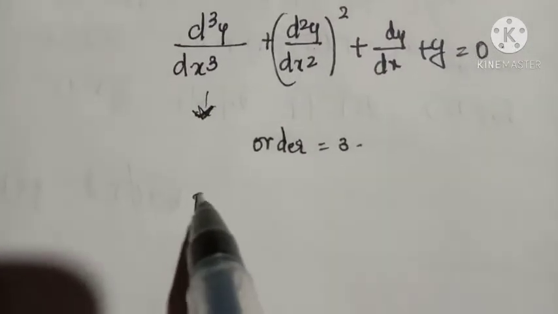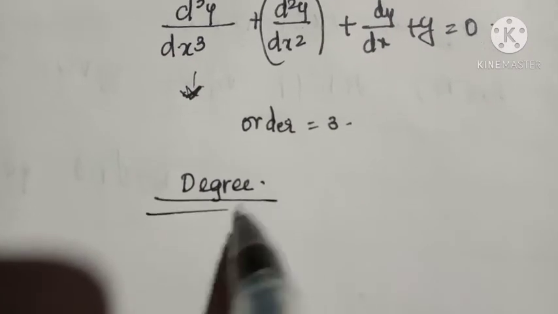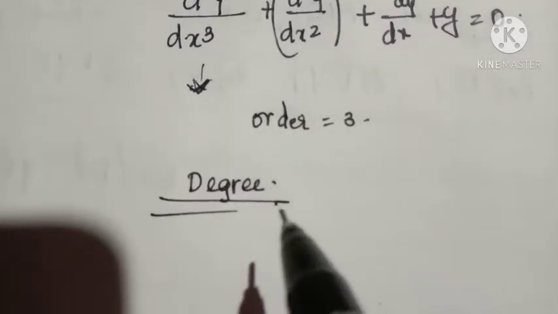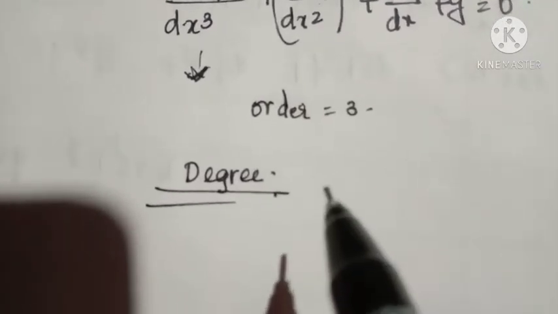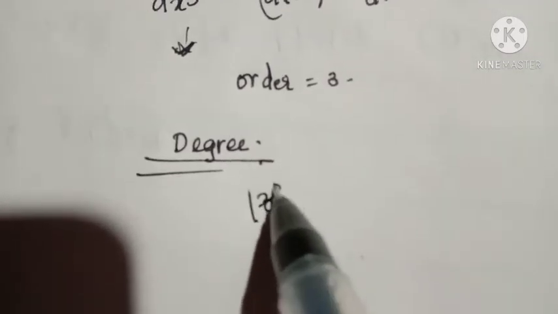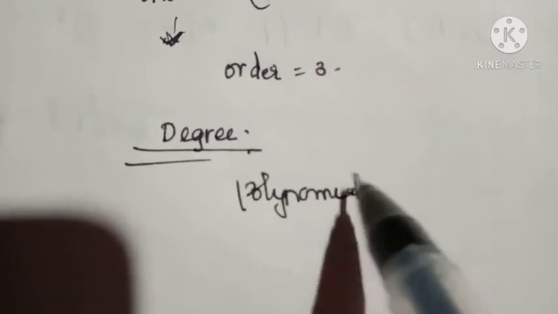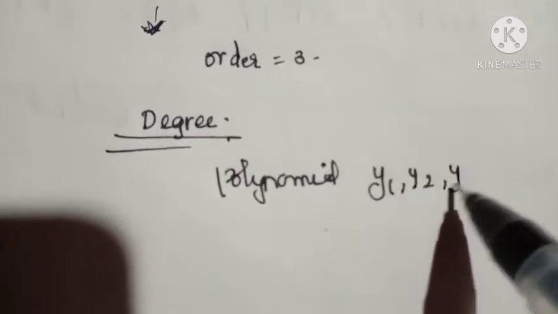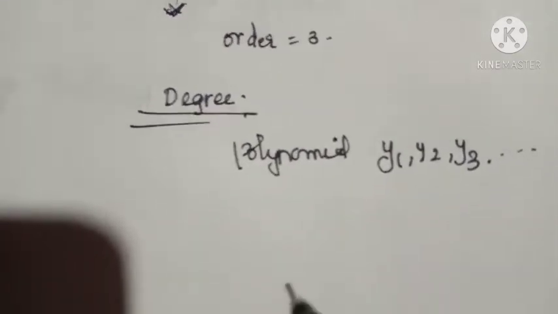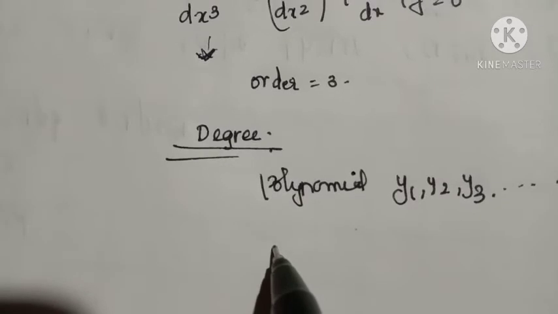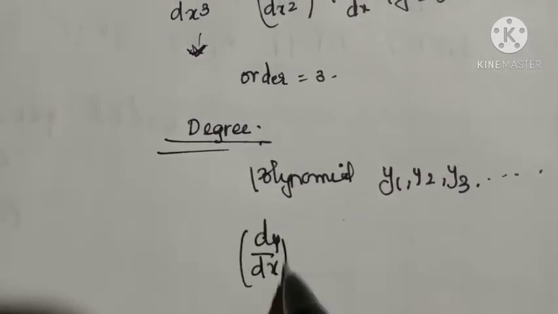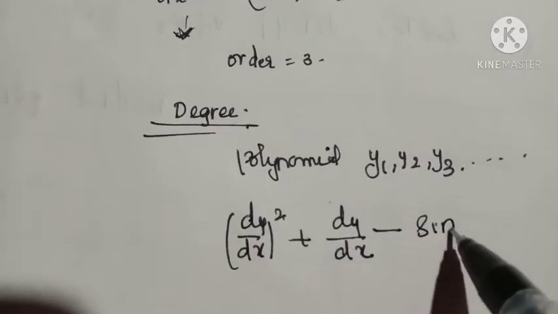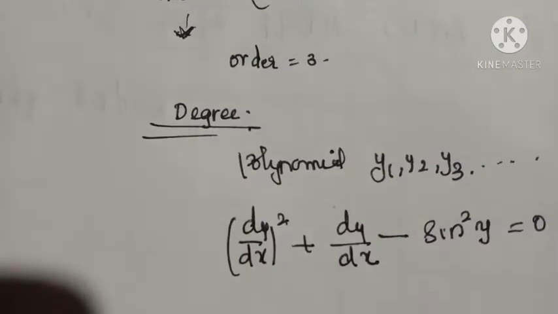Now in the case of degree, the key point is that the differential equation must be a polynomial equation in the derivatives y1, y2, y3, etc. Suppose we have the differential equation dy by dx the whole square plus dy by dx minus sine square y is equal to 0.